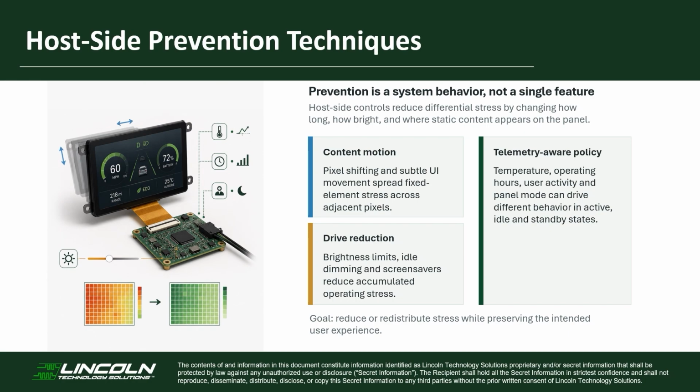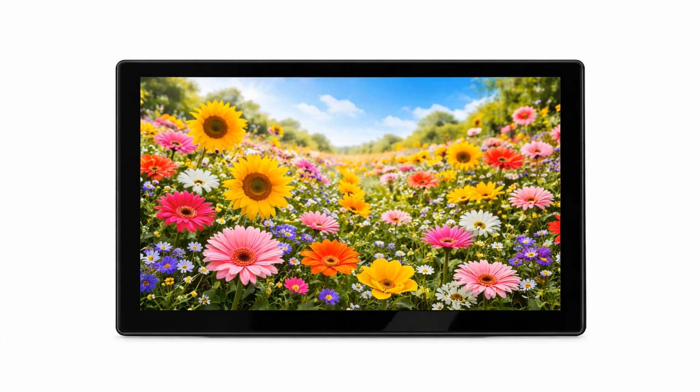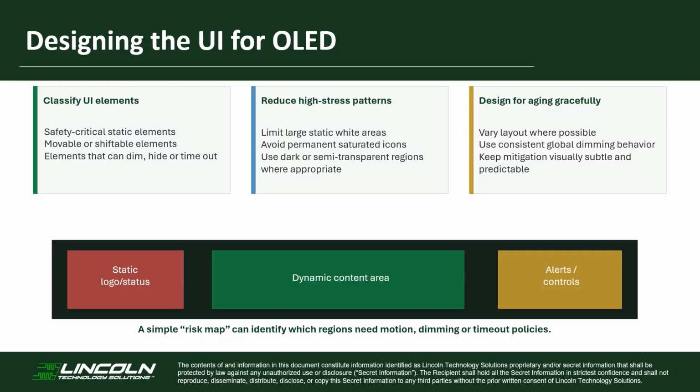A useful first step is to classify interface elements. Some elements must remain static because they're safety critical or essential to usability. Other elements can move slightly without affecting the user. A third group can dim, disappear, or time out when the system is inactive. Designers should also reduce unnecessary stressful patterns. Large static white regions, highly saturated permanent icons, and sharp fixed boundaries can create localized aging.